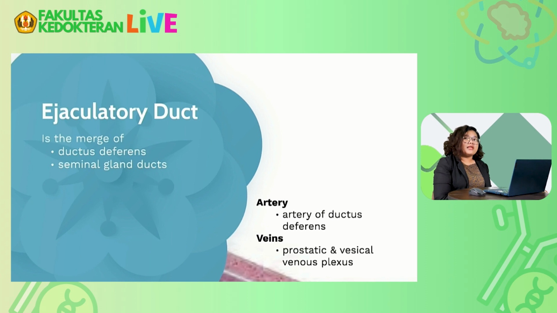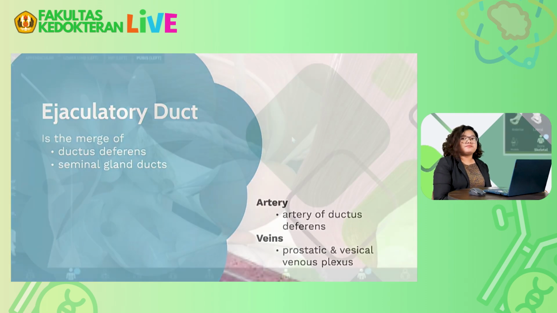It then undergoes an antero-inferior course through the posterior part of the prostate, and then that short duct opens into the seminal colliculus. For the vascularization, it is supplied by the artery of the ductus deferens, which is very similar, and drained via the prostatic and vesical venous plexus.